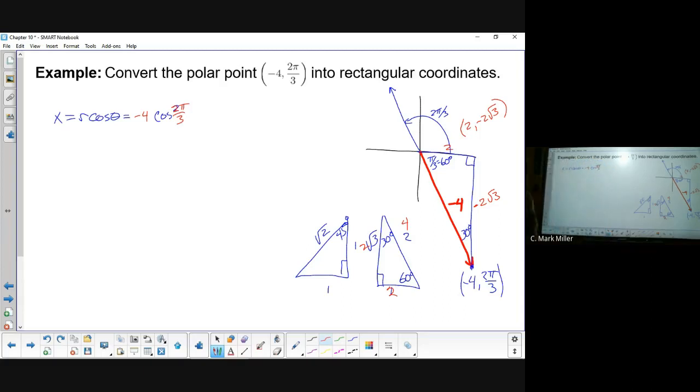All right. What's cosine of 2 pi over 3? What did I tell you to do? Do the unit circle. 2 pi over 3 is like right there.